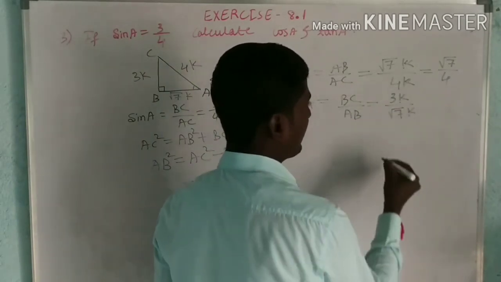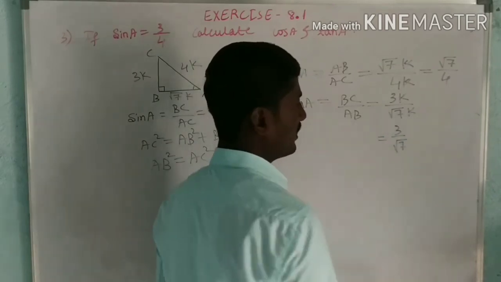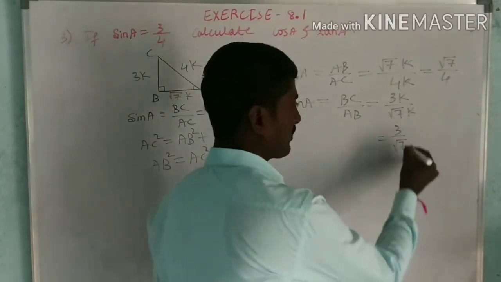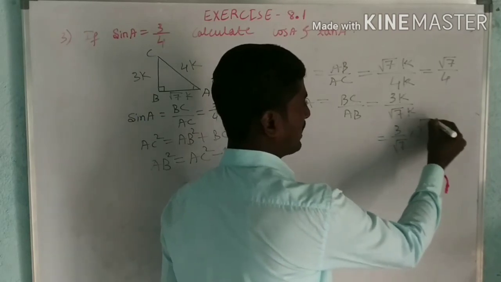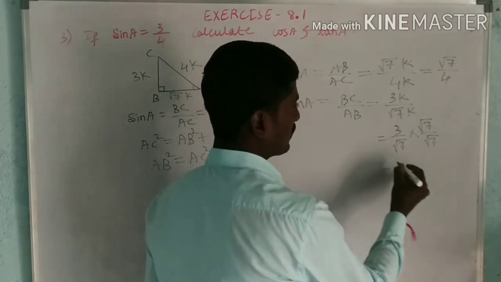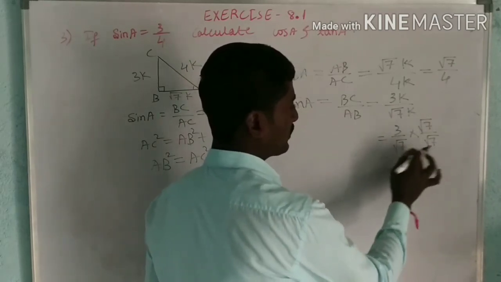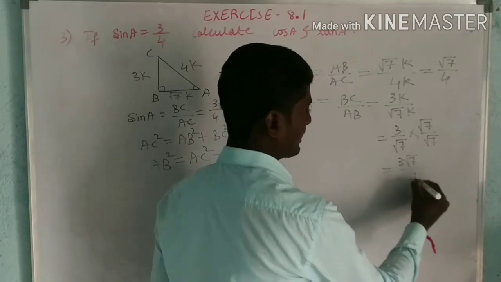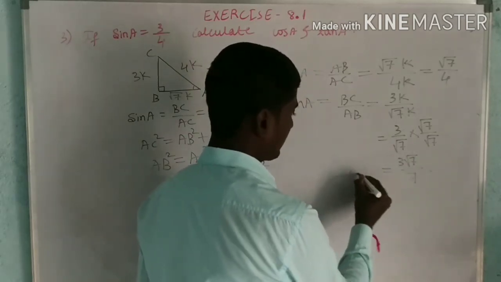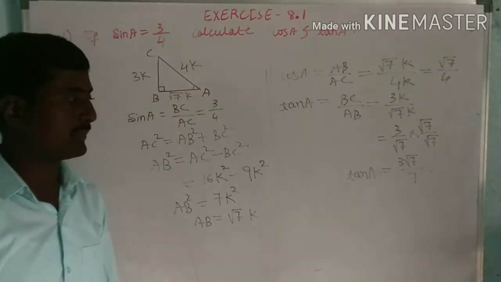So K gets cancelled. We are getting 3 divided by root 7. Now we can convert it into simplest form also. Multiply and divide it by root 7. Now this is equal to 3 root 7 divided by root 7 into root 7, which is 7 only. So tan A is equal to 3 root 7 by 7.